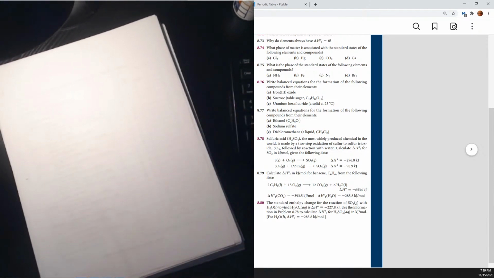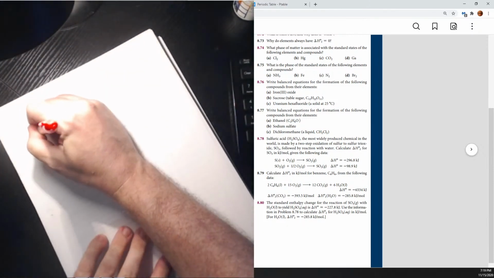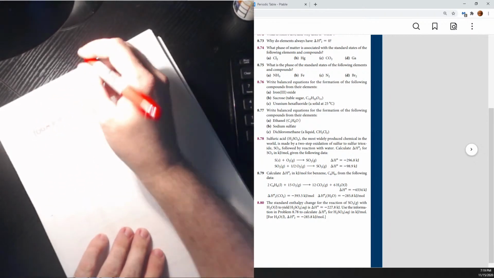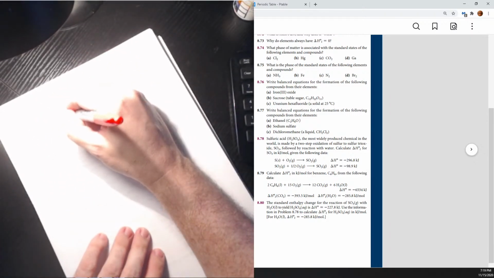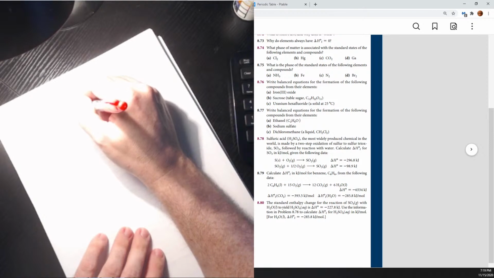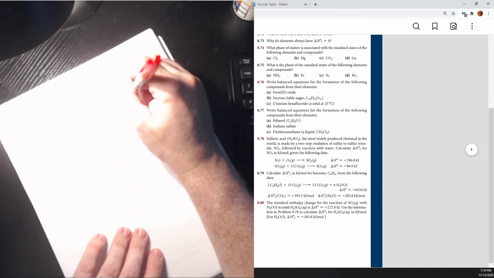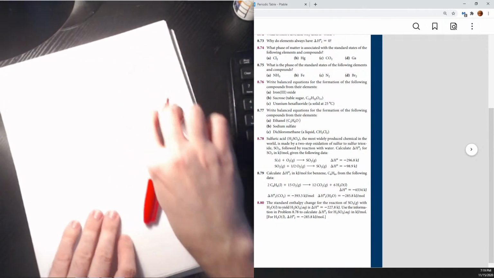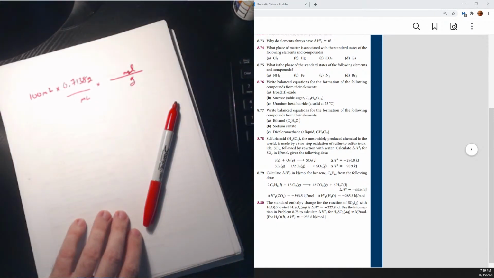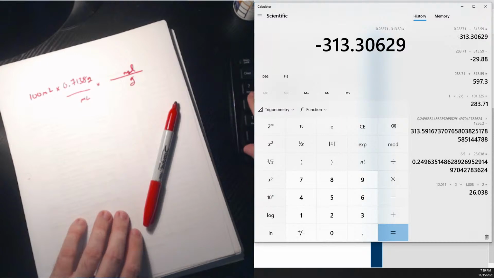So, 100 milliliters times 0.7138 grams per milliliter times grams per mole. We need the molar mass of our diethyl ether.